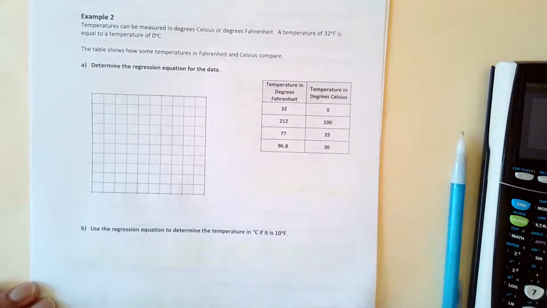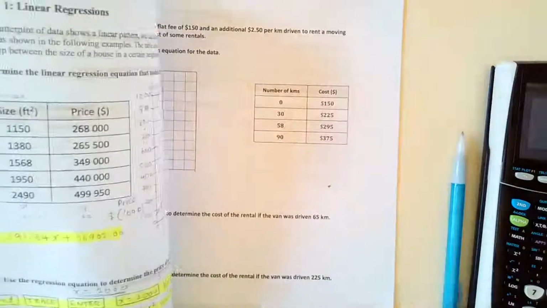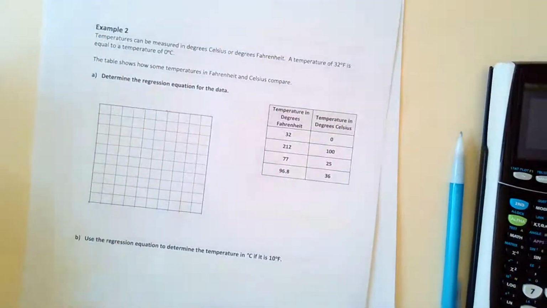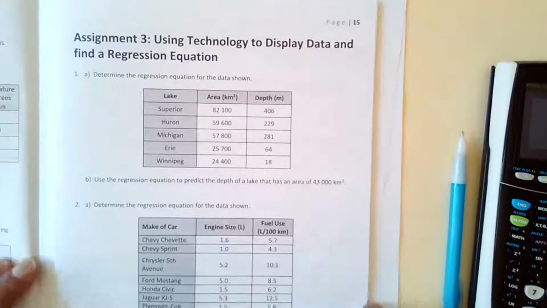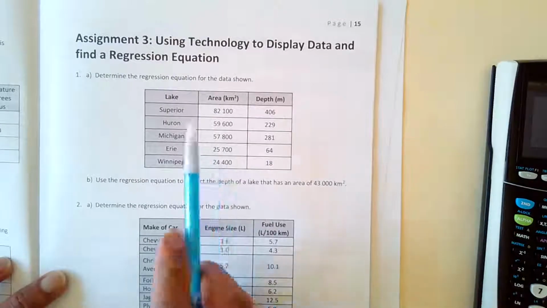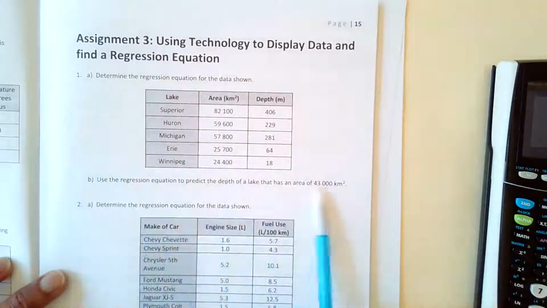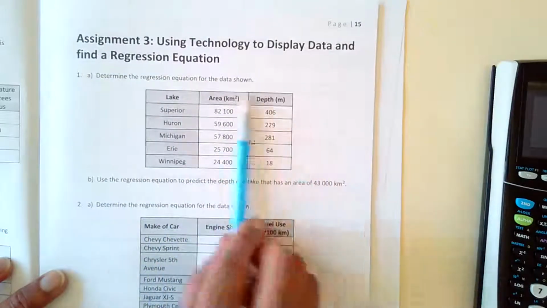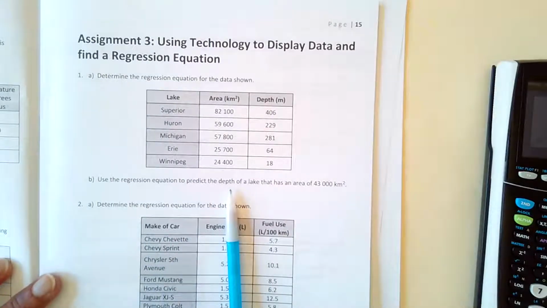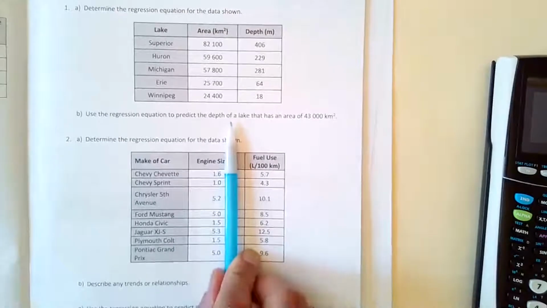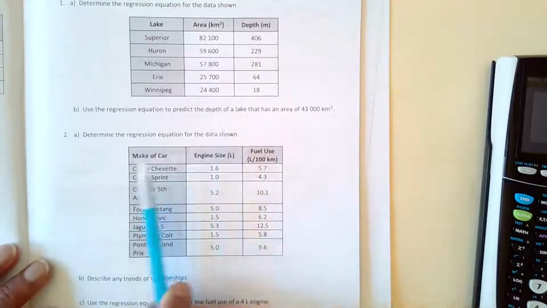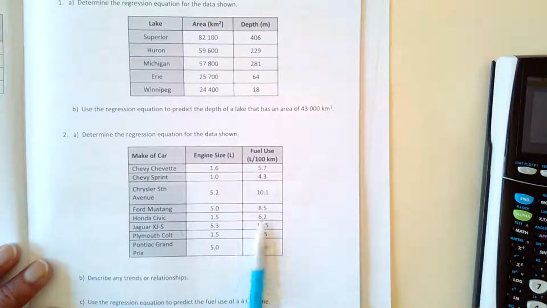But I would like you to try out, if you go into your booklet, what we've done today, just complete this one question here in the regression. And if you're having no problems with that one, try example question 2.